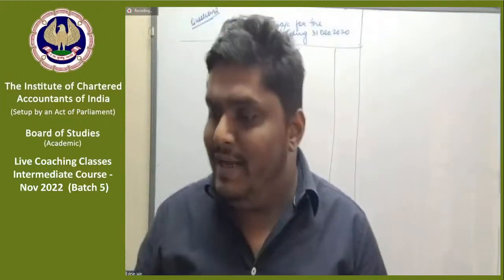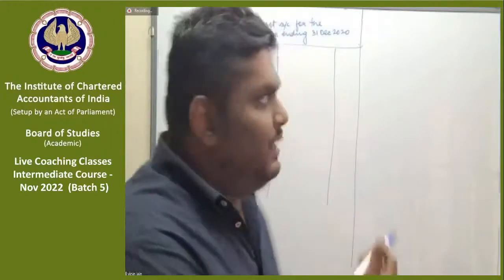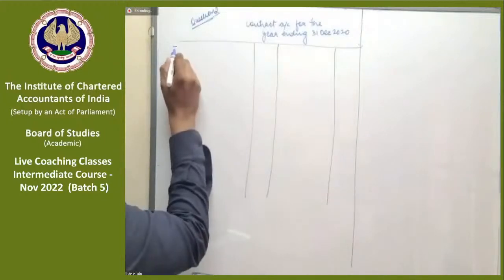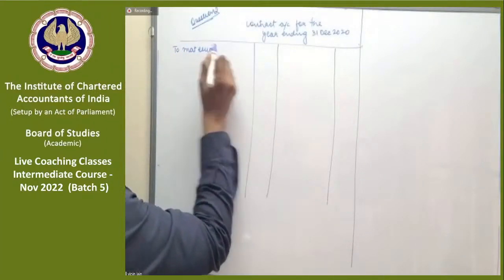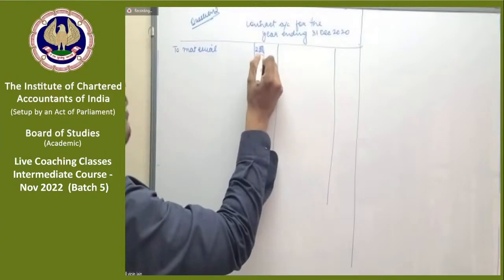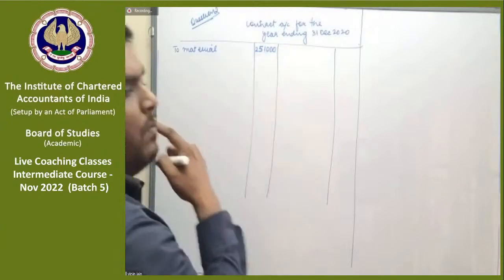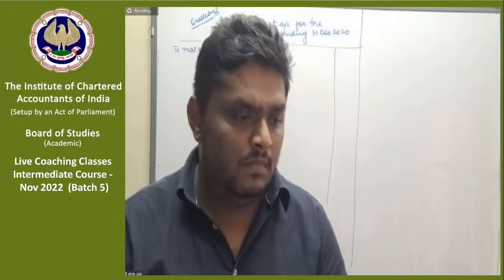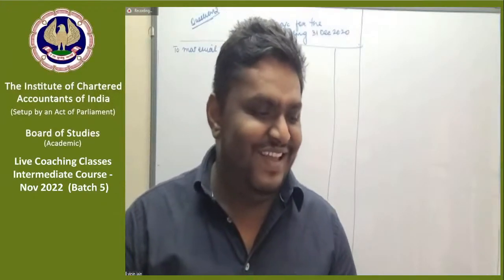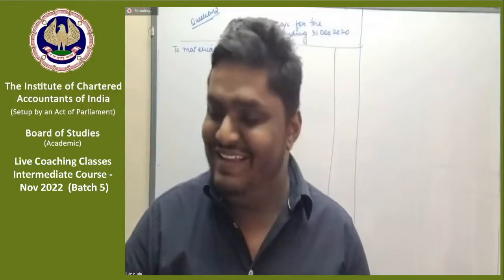So let's start, guys. To material is 2,51,000. No worries, Tanishka.